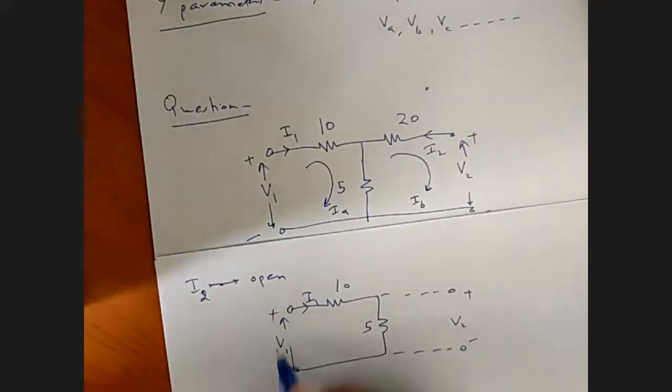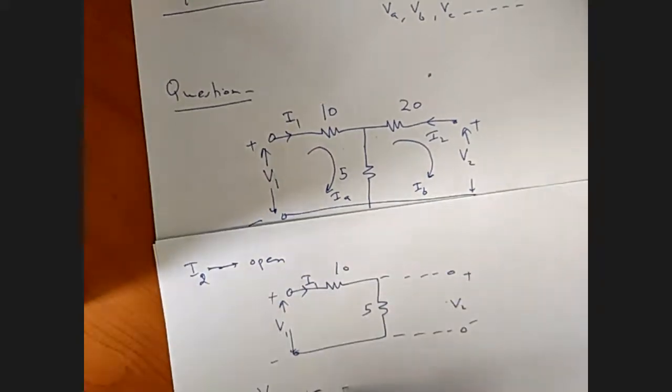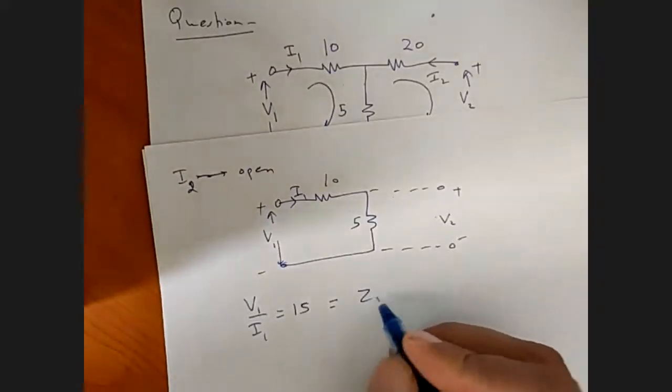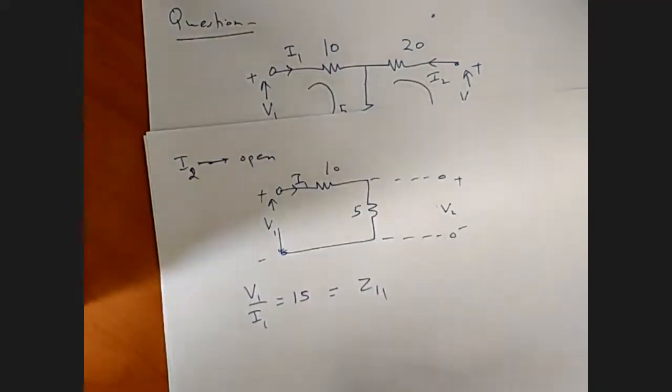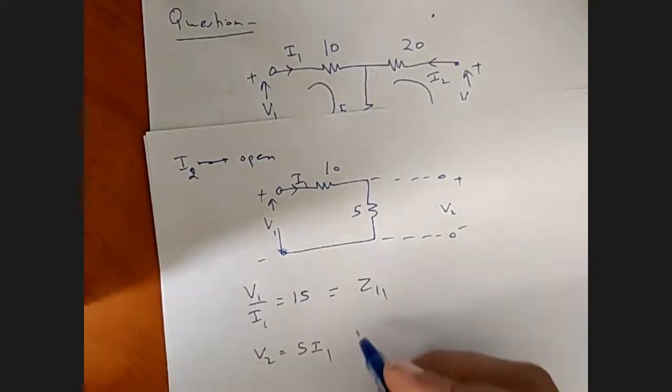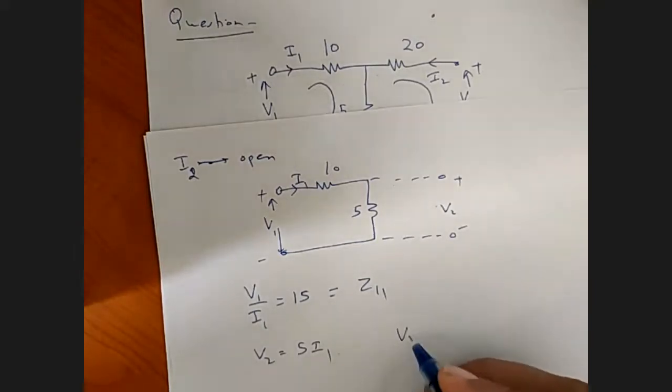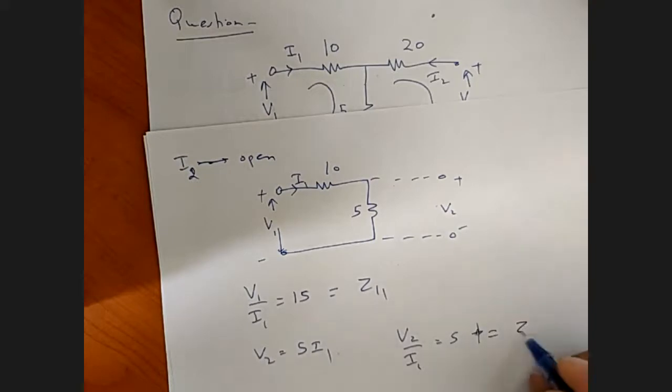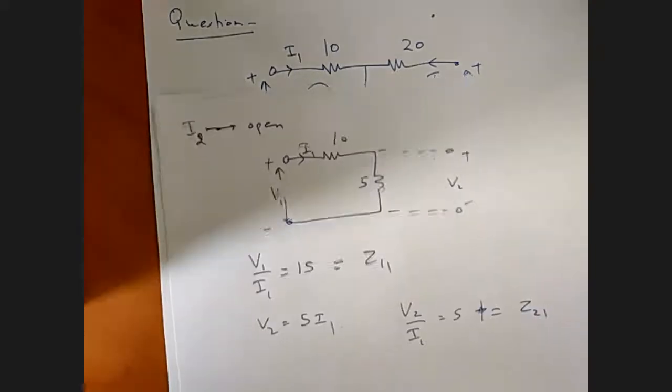so when I write the equation, it will become V1 upon I1 equal to 15. So that will become Z11. V2 equal to 5 I1. That means V2 upon I1 will be 5. That will become Z21.